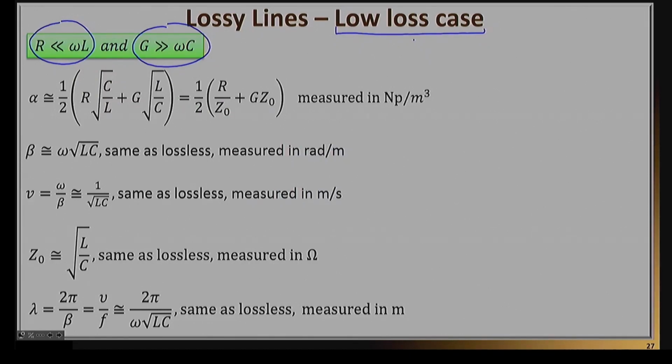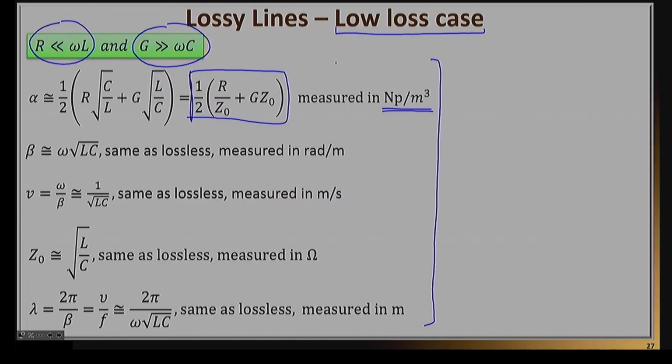And there are some approximations that you will see here that give you the approximate quantities of the attenuation constant alpha, phase constant beta, phase velocity v, impedance Z0, and wavelength lambda. The attenuation constant alpha, for example, will be expressed with this equation, and is actually measured in Nepers per meter.